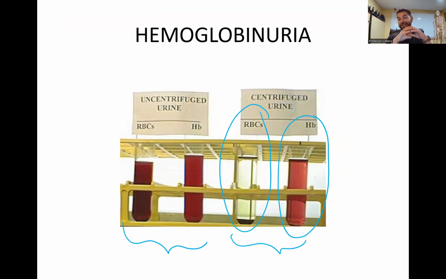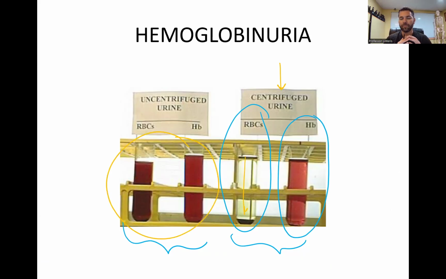So if your red blood cells are just present and we spin it, aka this is centrifuged, because we could see that description here, red blood cells are heavy, they sink to the bottom. Because both of these samples are red, how do we know the difference?